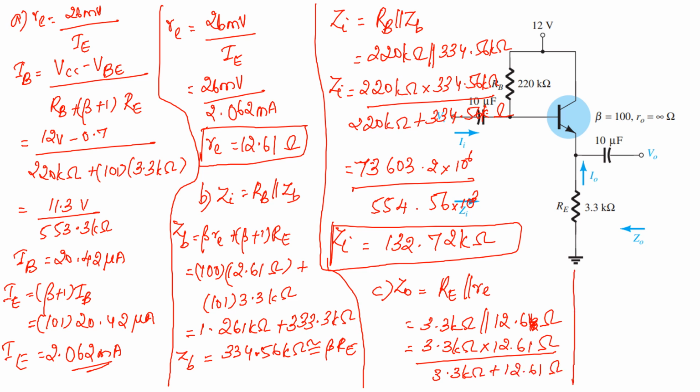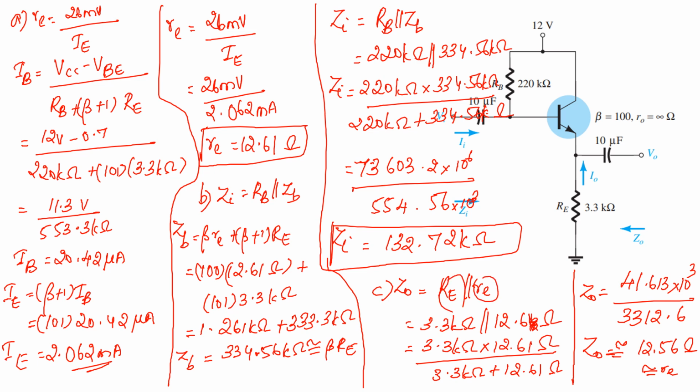Okay. So you will be getting Z naught is equal to 41.613 into 10 raised to 3 divided by 3312.61. So you will be getting Z naught approximately equal to 12.56 ohm, which will be approximately equal to small re.